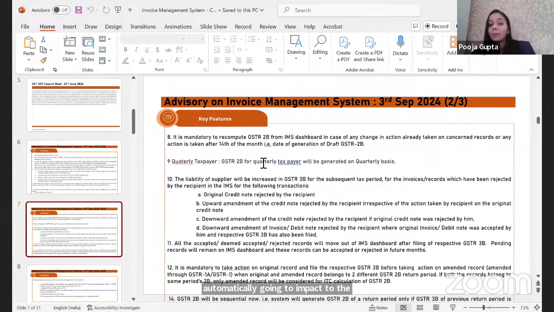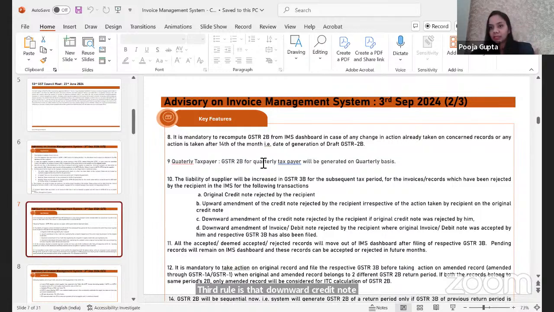If there is any upward amendment, like earlier the supplier issued a credit note of 10,000 and has amended that credit note from 10,000 to 12K, and that upward credit note amendment is rejected by the recipient, then it will also increase the liability of the supplier. The third one is a downward amendment in the credit note.